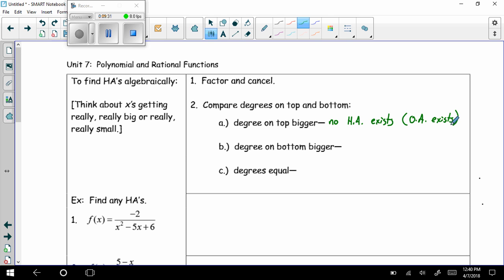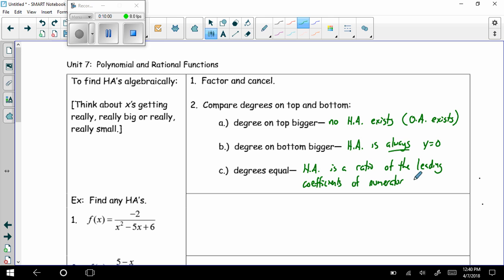If the degree on the bottom is bigger, your HA is always y equals 0. And last but not least, if the degrees are equal, your HA is a ratio of the leading coefficients of the numerator and denominator.